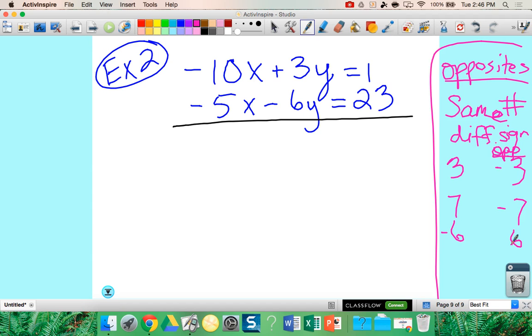All right, so if we don't have any coefficients that can just be eliminated right now, what do you think we're going to have to do to make that happen? I will tell you that it's something that can be done to an entire equation.